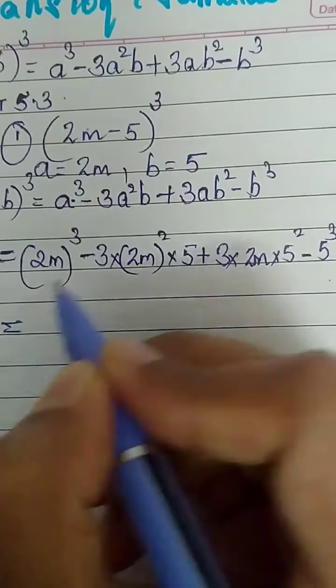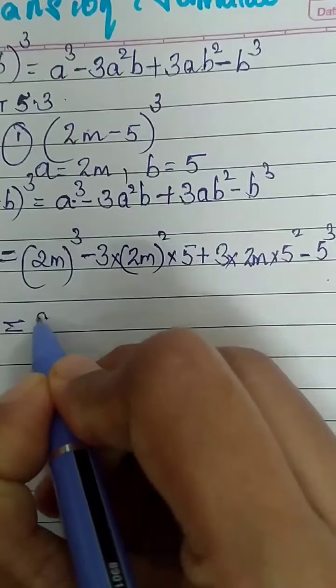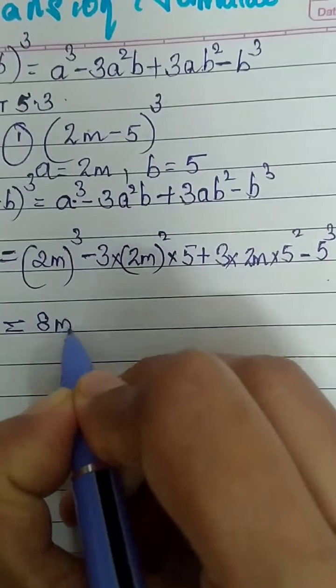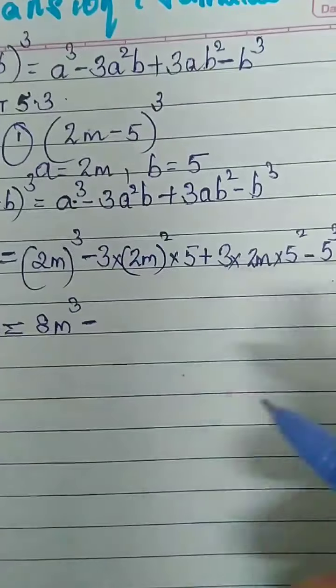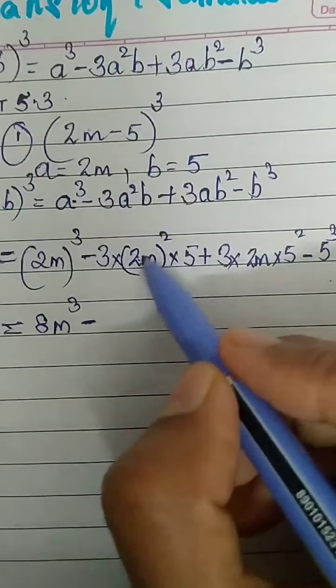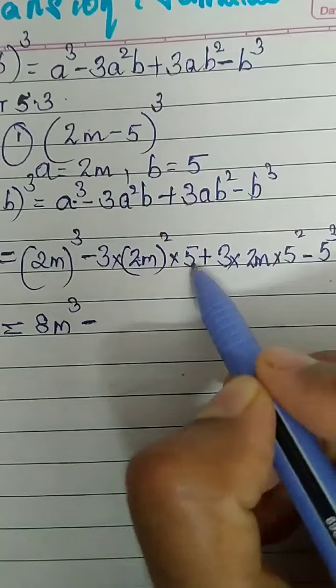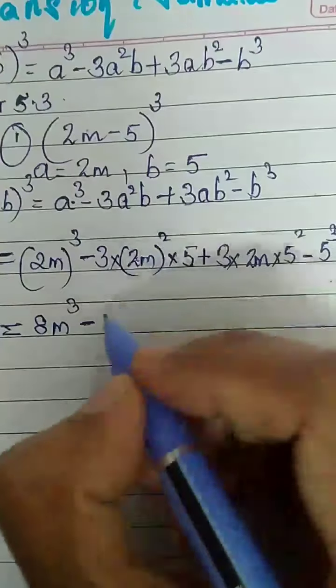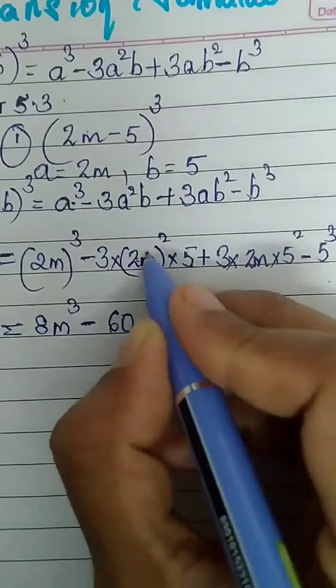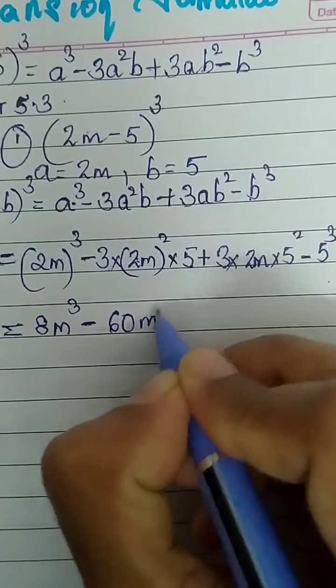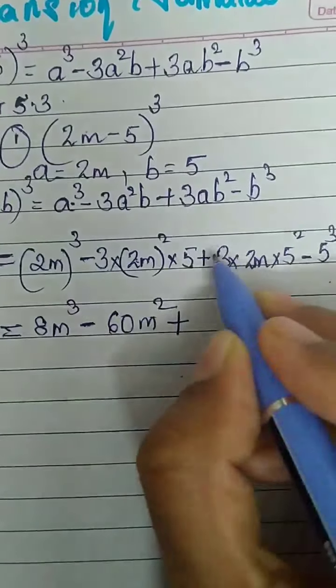Now open the bracket. 2 into 2 into 2 is 8m³ minus, 2 square is 4, 4 fives are 20, 20 threes are 60, m². Then plus.